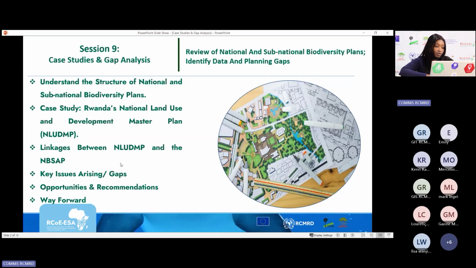And then also we look at their recently launched NBSAP, that is the one running from 2025 to 2030, which was recently launched in October, that is last month. We will then try to see some of the key issues that are arising from these two documents, and then some gaps, and then identify some opportunities and recommendations that you can derive from this study.